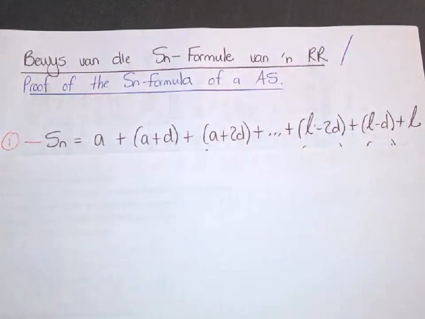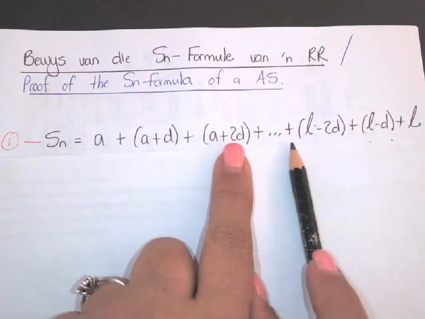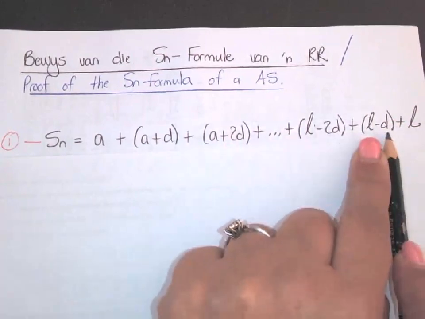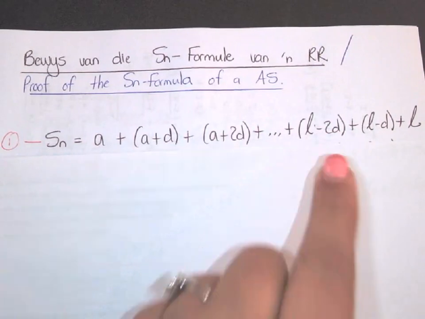Okay. Now in the second step of the proof, you have the last one and you're going backwards. Yeah. Last one, so we minus the difference, and then we minus 2 times the difference. Okay.